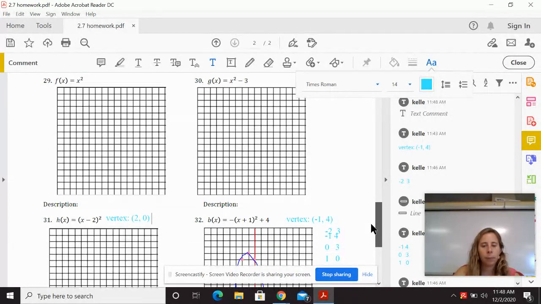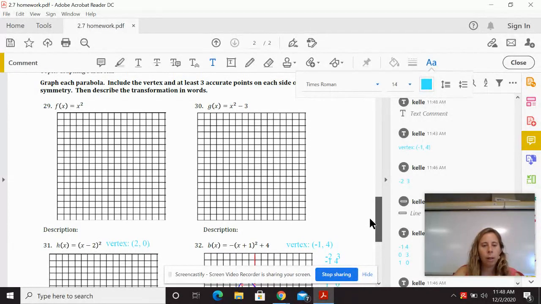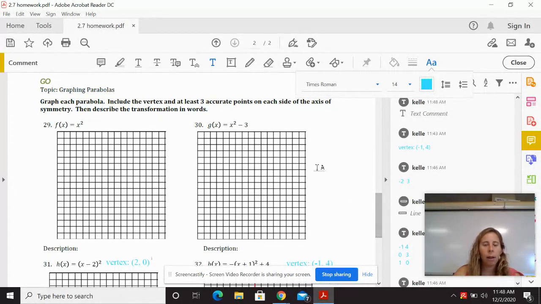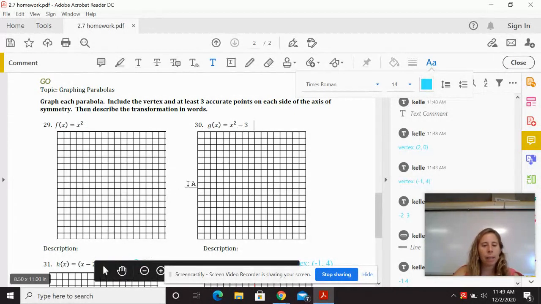Cool beans. I'll tell you this one too. So this one, x squared minus 3. Remember, play spot the difference. What's different? Look, there's a negative 3 on this one. It's not in the parentheses with the x. That means it's affecting your y values.